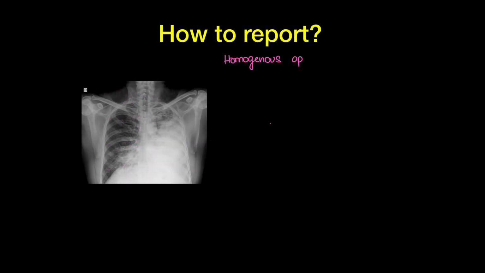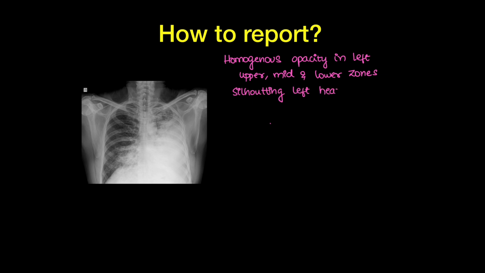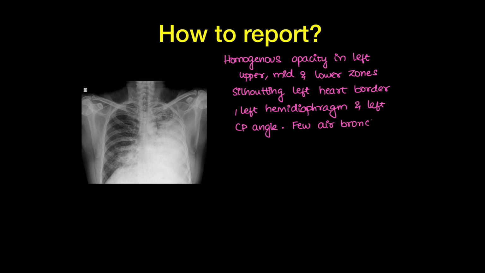Once you see a consolidation on X-ray, how to report? Taking the same X-ray as example, homogeneous opacity is seen in the left upper, mid and lower zones, silhouetting the left heart border, left hemidiaphragm and left costophrenic angle. Few air bronchograms are seen within.